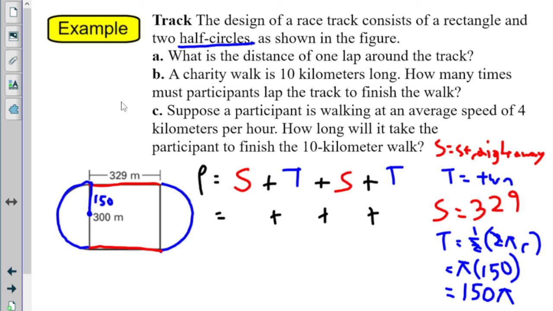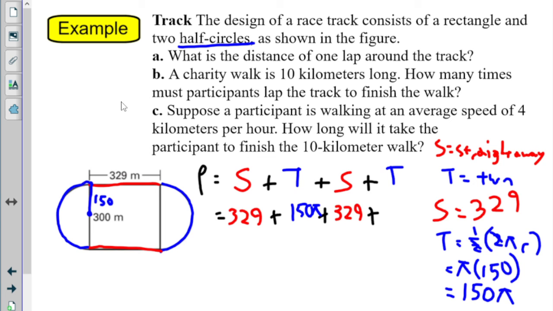All right. So time to put that into our formula and actually get our perimeter. We have S here for my straightaway, that's 329. We have our 150 pi for my first turn. We have another straightaway, that's 329.